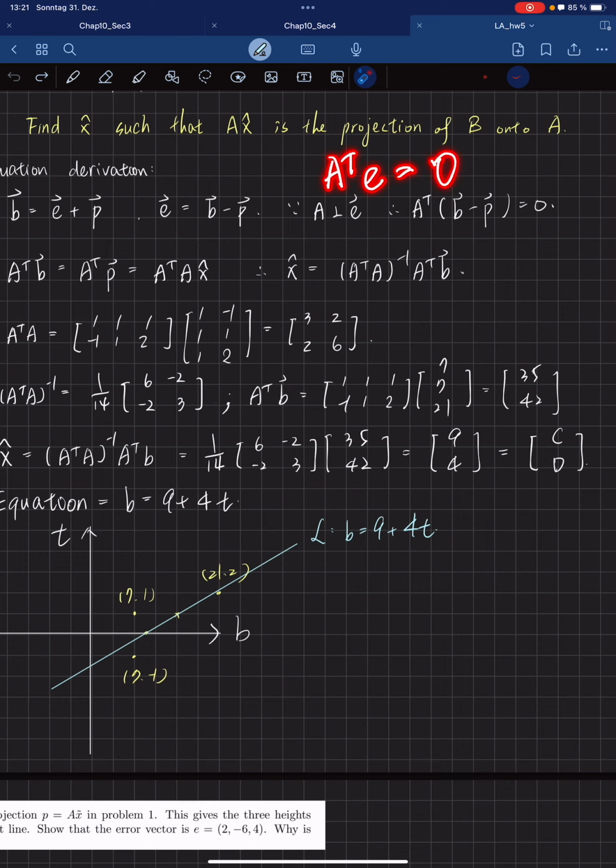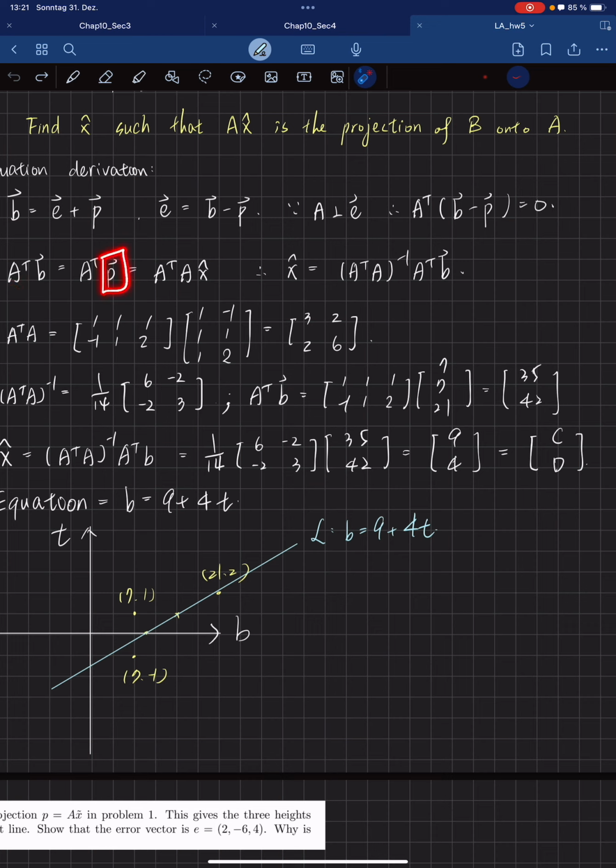Since we also know that e is b minus p, we can plug this back in and get A transpose (b minus p) is 0. If we open up the brackets and move A transpose p to the right-hand side, we get A transpose b is just A transpose p.